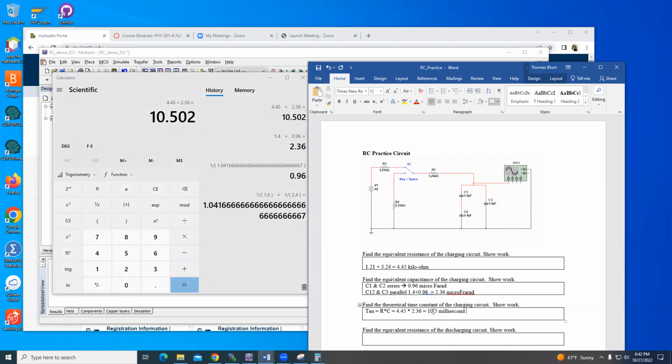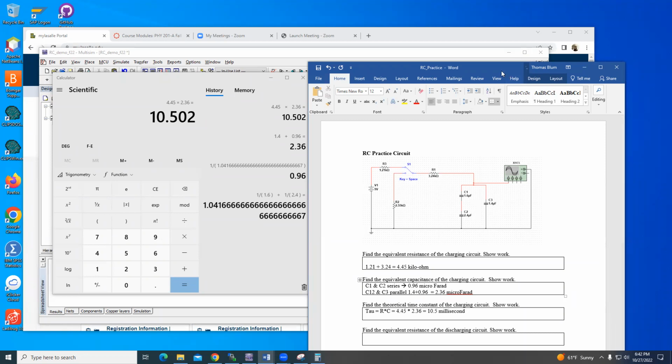So you just say ms. I had kilo ohms times microfarad. Kilo is 10 to the 3, micro is 10 to the minus 6. When I multiply 10 to the 3 times 10 to the minus 6, I get 10 to the minus 3, which is milli. And then an ohm times a farad gives me a second. So I have milliseconds when I'm done.